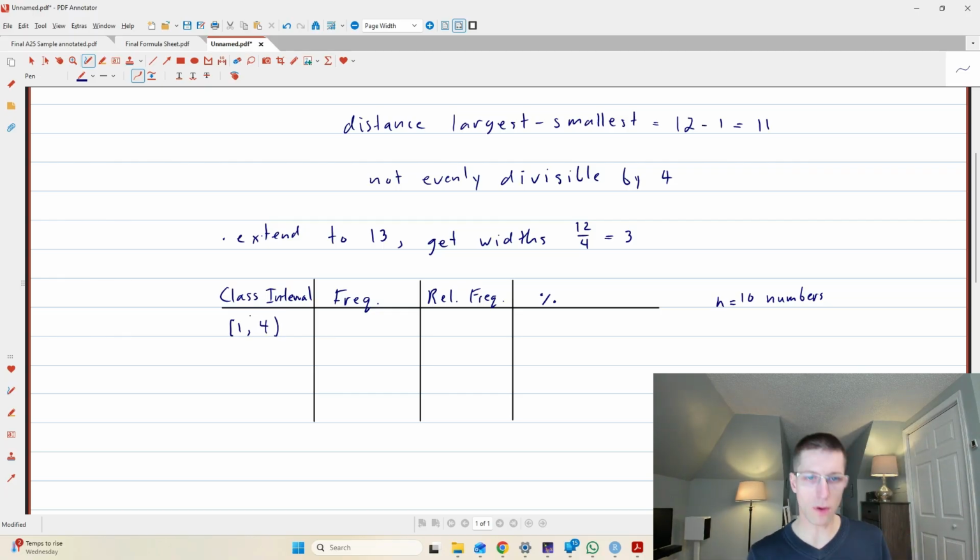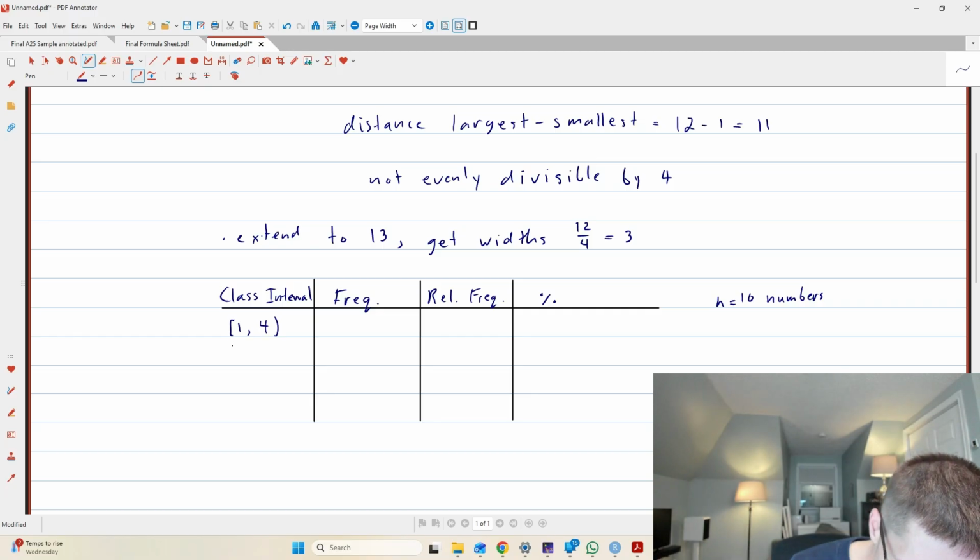Because I want to include all the data points, but not double count any points. So these intervals give me mutually exclusive sets that partition the whole set from 1 to 13. That way, like I said, I include each number, but no number twice.